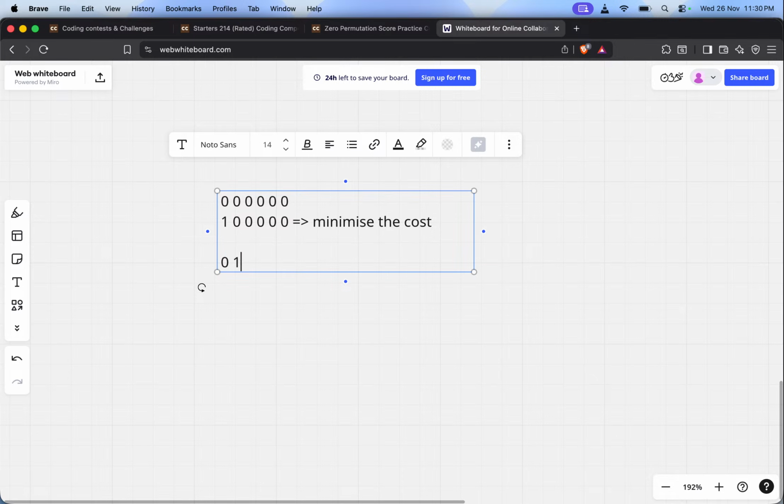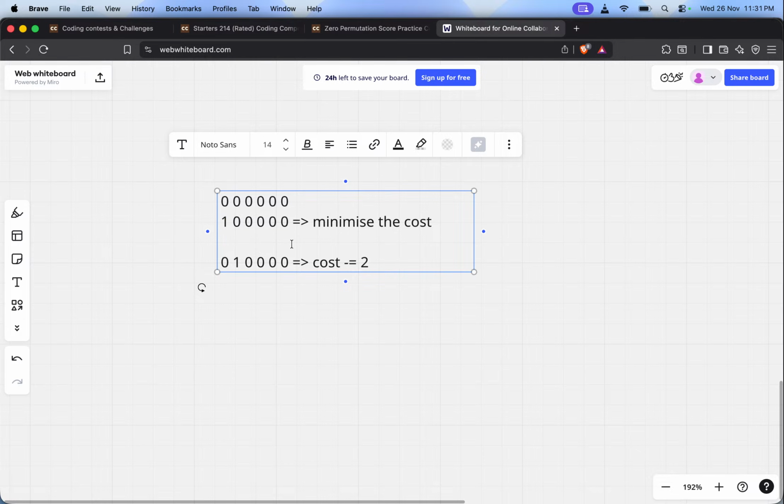But what if we had chosen this index? Here, this index and its neighbor are not both 0. Its right index is 0, so cost minus equal to 1 for this. And for this, this index itself is not 0, so cost minus equal to 1 again. So this operation gives us cost minus equal to 2, while the other operation gives us cost minus equal to 1.